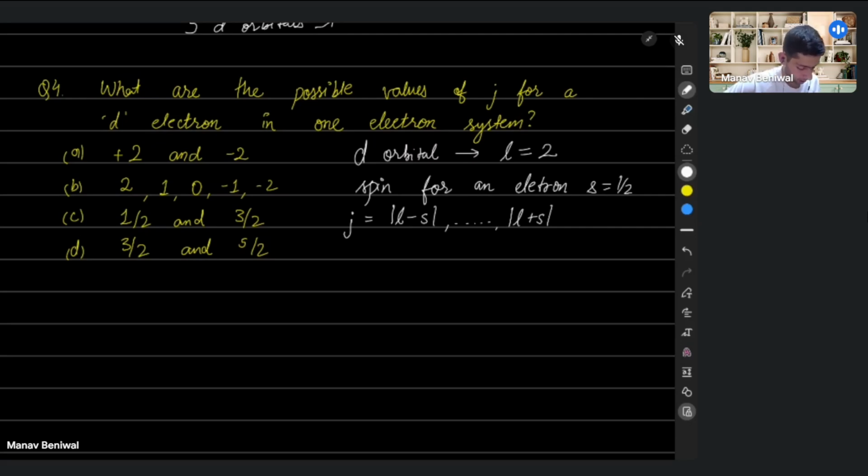So what is 2 minus half, and then it goes to 2 plus half. That's all. So this will be 3 by 2 and this will be 5 by 2. So the correct answer is D.